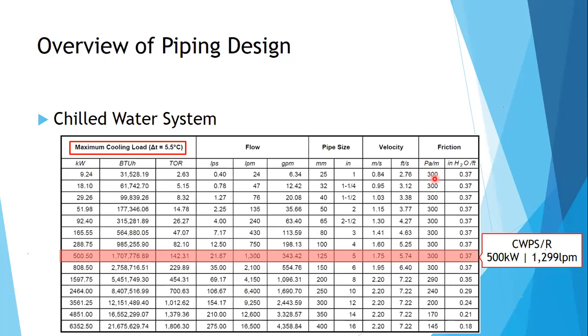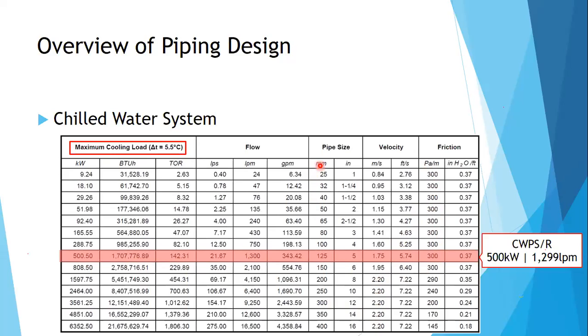Friction should be at 300 pascal per meter, not exceeding 2.2 meters per second in velocity. So based on our table, we would need to use 125 millimeter of pipe or 5-inch piping.